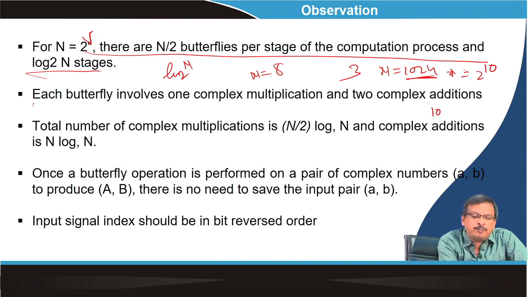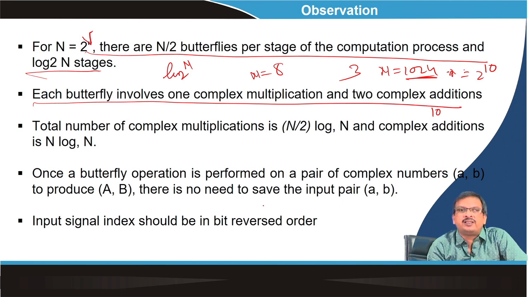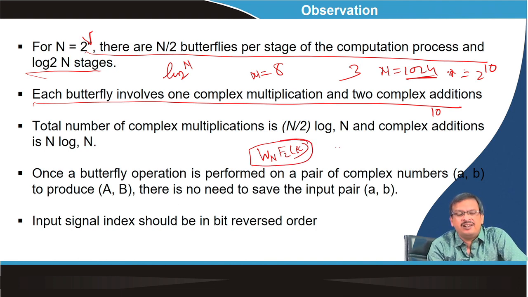Each butterfly involves one complex multiplication, where W n will multiply with F 2 k. Since the length of the butterfly is 1, I can say 1 complex multiplication and 2 complex additions. One is addition, one is subtraction, and subtraction is also addition.